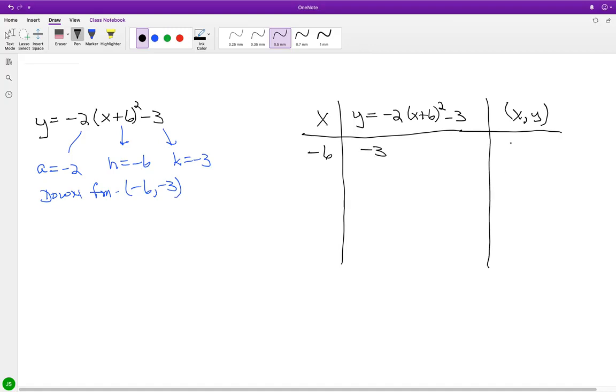So if I start out with the vertex, and if I just shift over one place to the left and one place to the right, in this case I would just go one place over. And for what we have here, at negative 5 and negative 7, since they are equidistant from x equals negative 6, we're going to have the same y value. So if I plug in negative 5, negative 5 plus 6 is going to be 1.